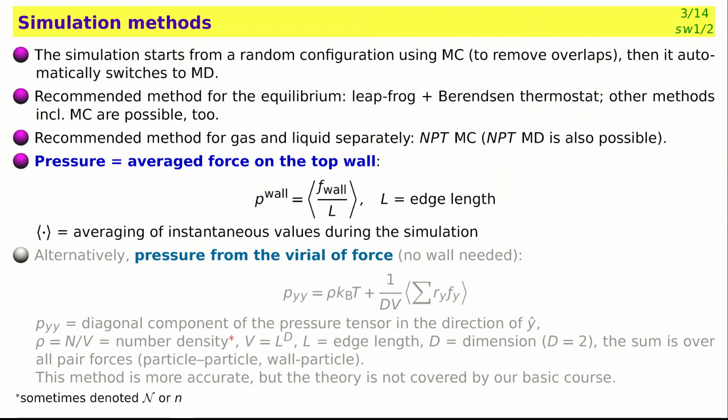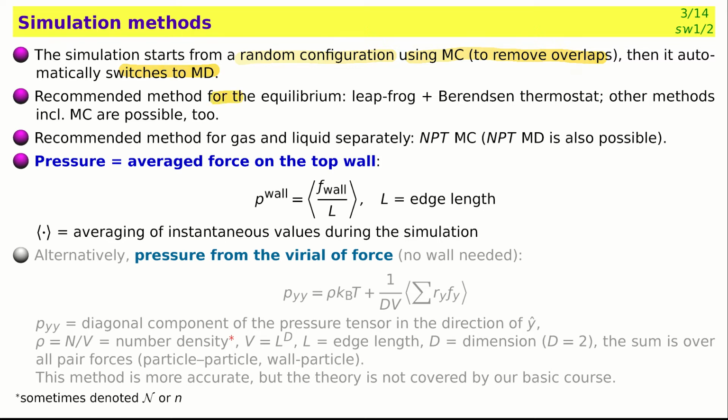When simenw1 creates a configuration, it starts from a random distribution of particles. Then Monte Carlo simulation is run for some time to remove overlaps, and then we can start with molecular dynamics. This is done automatically. Of course, we can switch the method too.